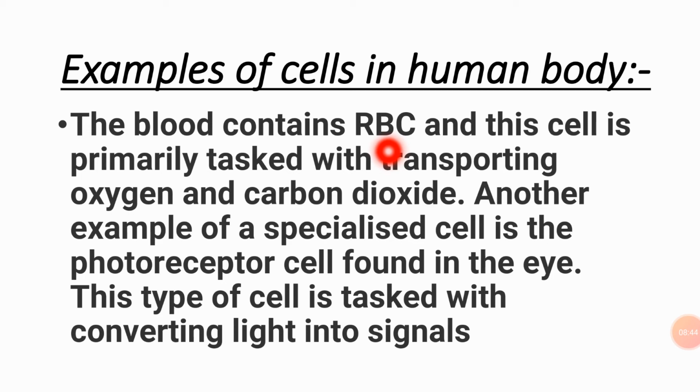Its function is to transport oxygen and carbon dioxide. Another example of a specialized cell is the photoreceptor cell. What is the location of this cell? Photoreceptor cells are found in the eye. This type of cell is tasked with converting light into signals, and these signals are further taken from the eyes to the brain.